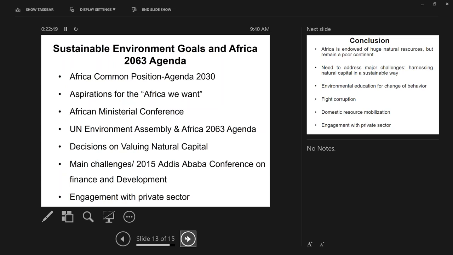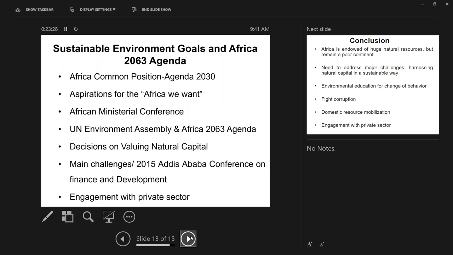If you look at all these 17 goals, you can see that at least 11 of them are directly environmental related, and the other 6 or 5 are indirectly related to the environment. And one of the major value added to the Sustainable Development Goals as compared to the Millennium Development Goals is this principle of leaving no one behind.